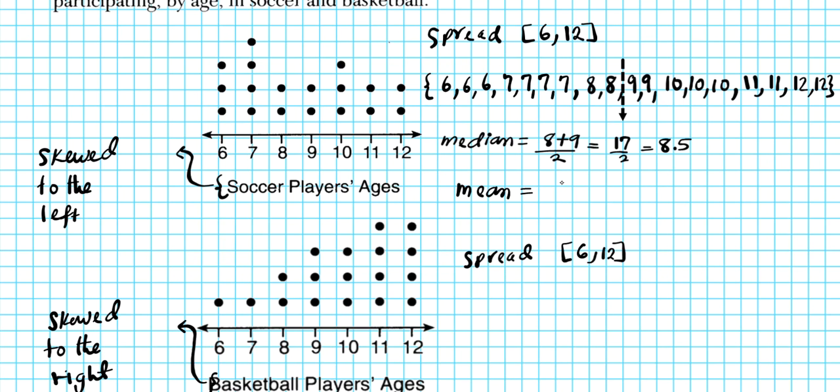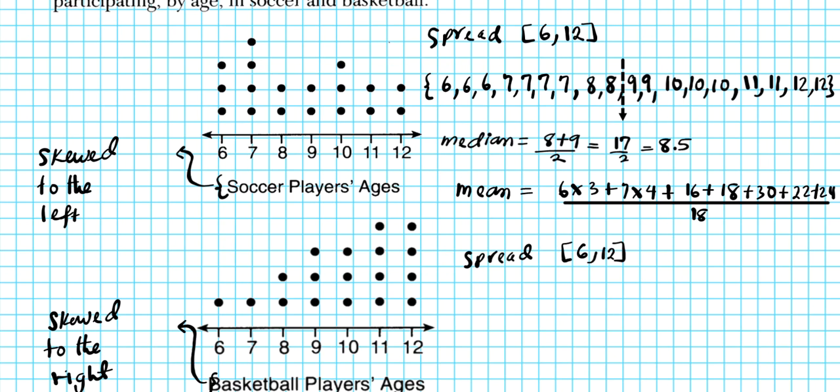6 times 3 plus 7 times 4, just to save time, plus it's 16, plus for the 9s, 9 times 2, 18, plus 30, plus 22, plus 24. And then we divide all that by the number of numbers, which is a total of, we counted 18, right?